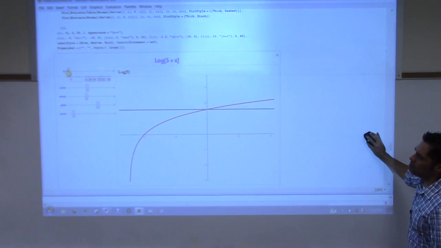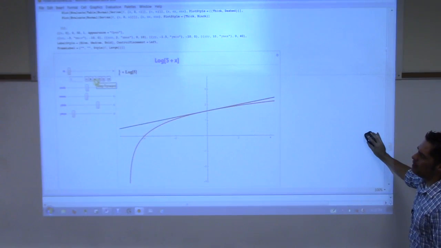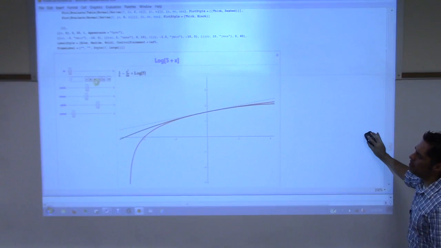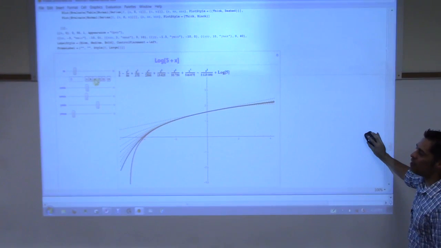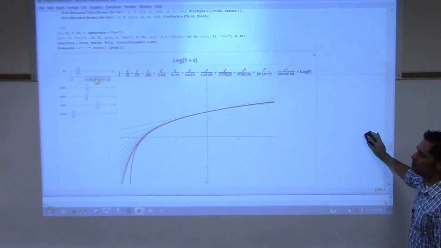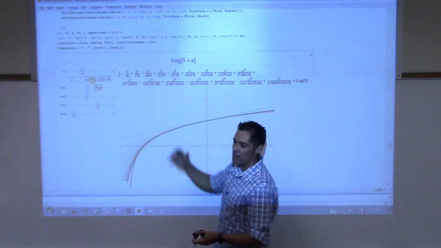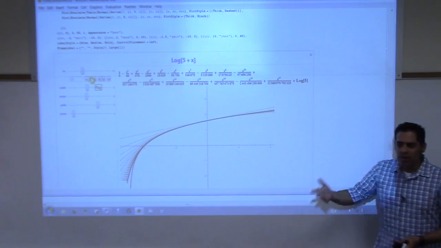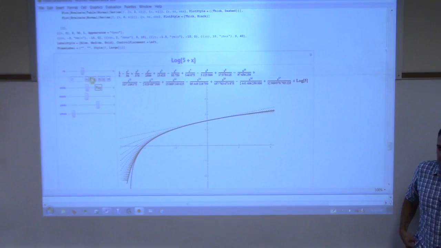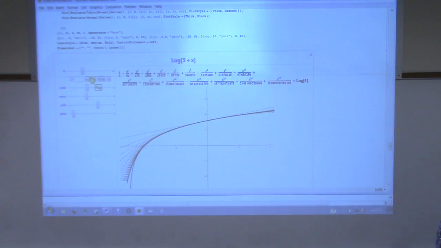I start approximating it with a line, and then my line's going to become a parabola, and I'm starting to curve this thing, and see it starting to converge to the function. So it turns out that every function out there, pretty much, you can convert it to its power series. And that's what Newton was able to do. That was so awesome.